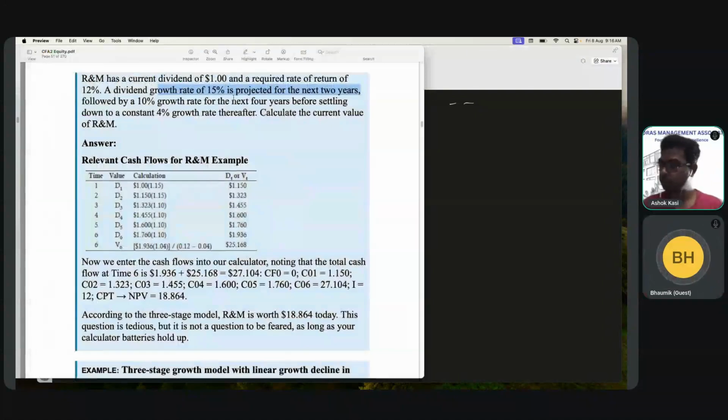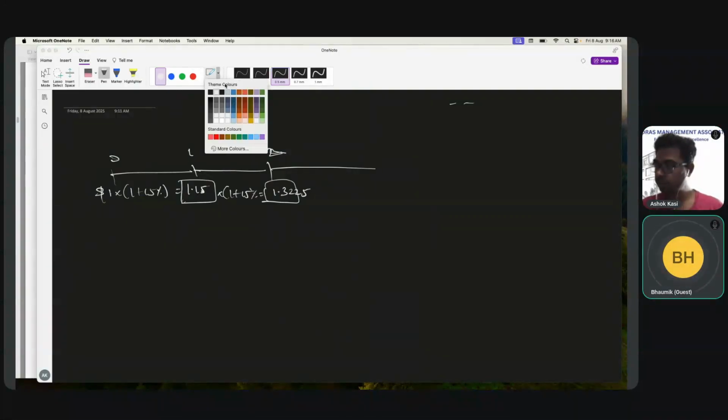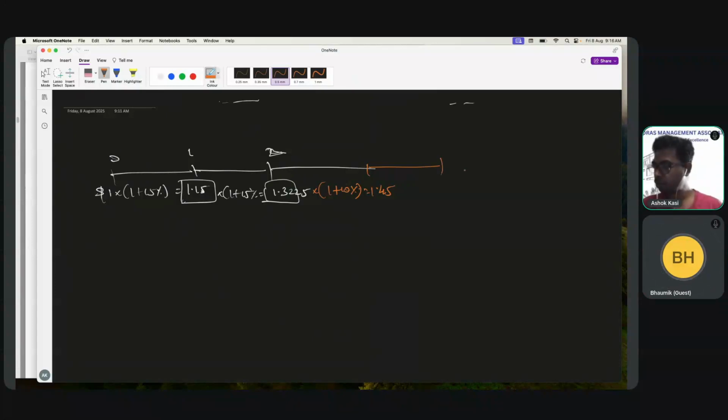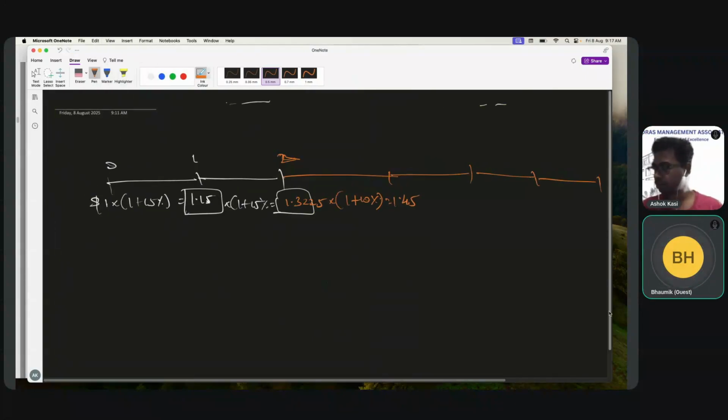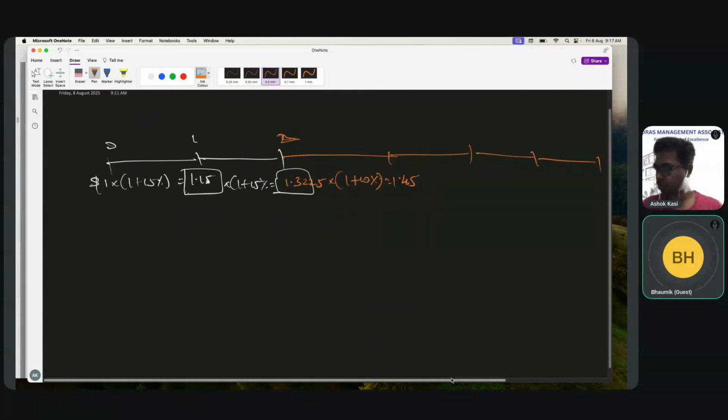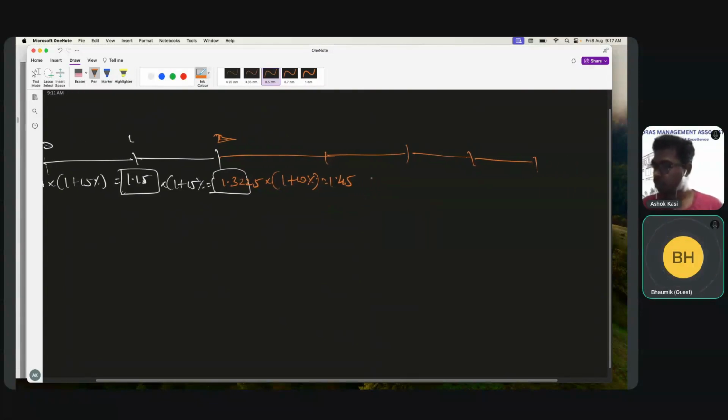Then next it is growing at the rate of 10% for the next 4 years. So 1.3225 grows to 1.455, then 1.600, then 1.7605.